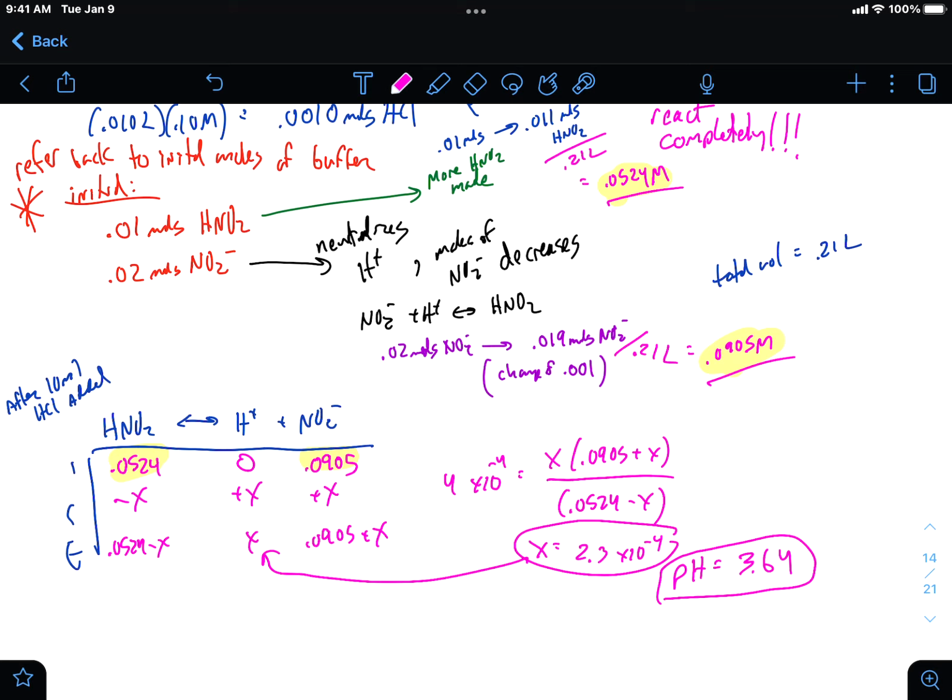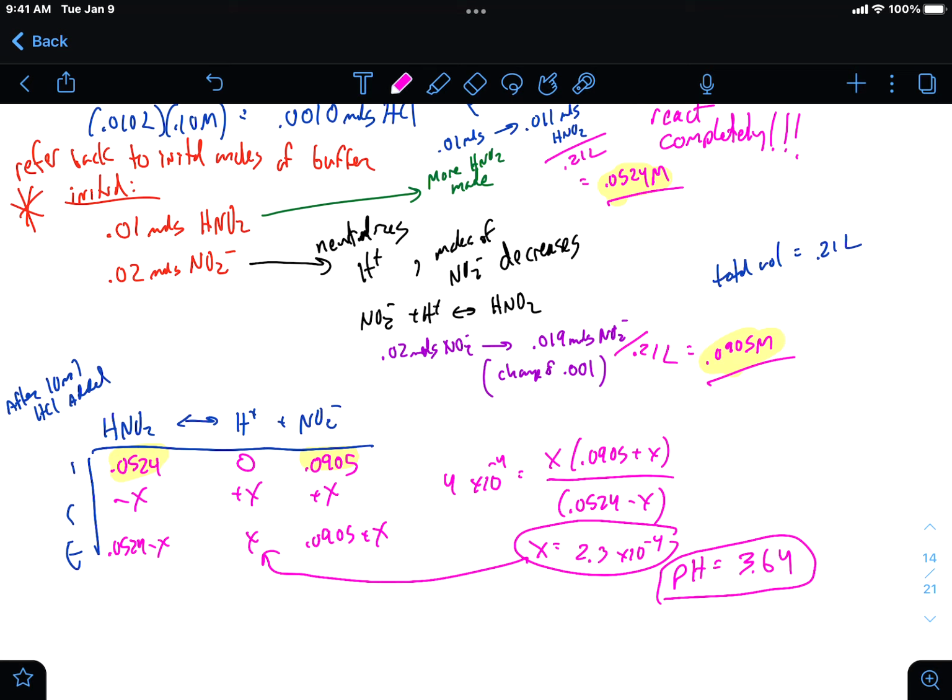What was the starting pH of this buffer before we added anything? 3.7. And we added some acid. Now, whenever you add acid, the pH should go down. In this case, the pH did go down, but by only a little amount. It went from 3.7 to 3.64.